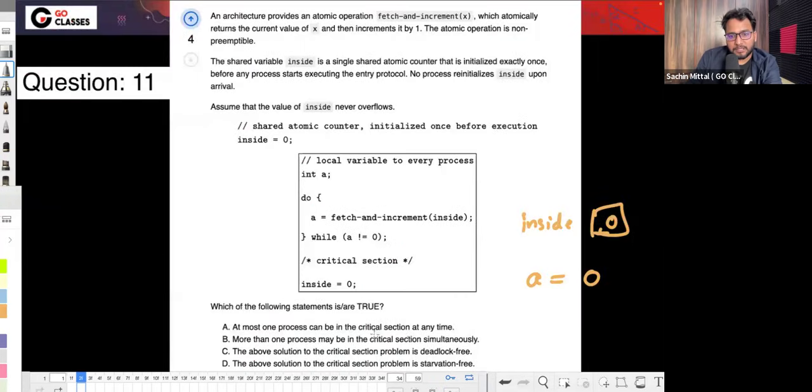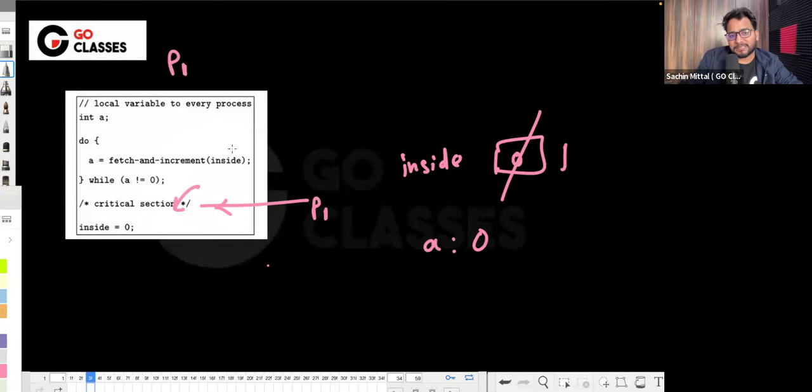Now they're asking whether mutual exclusion is satisfied or not. Is it possible that at this time P2 can enter? Let's see. If P2 now tries to enter, since inside is 1, the value of a will be 1, because it returns the previous value, and then inside will be 2.